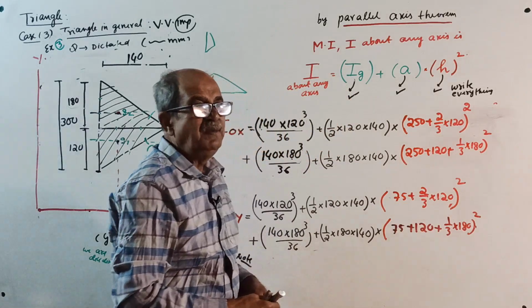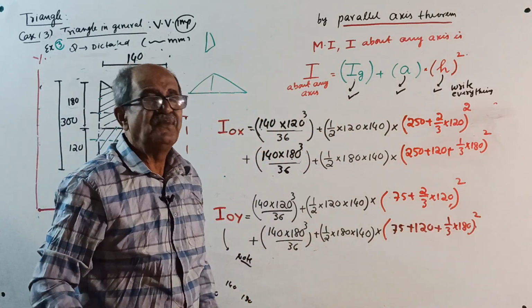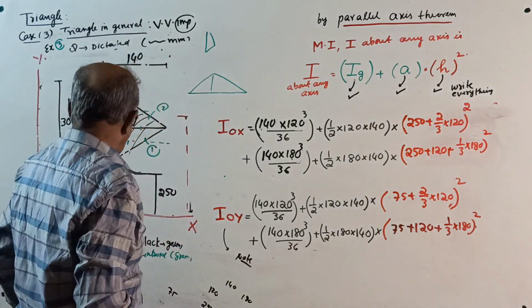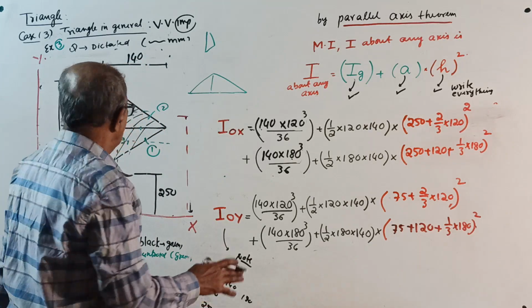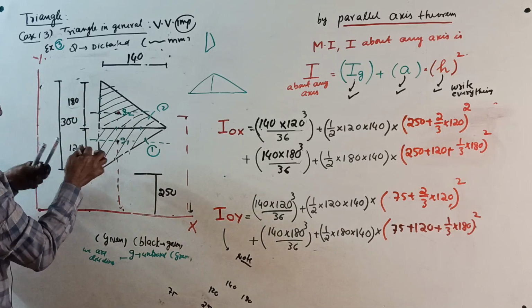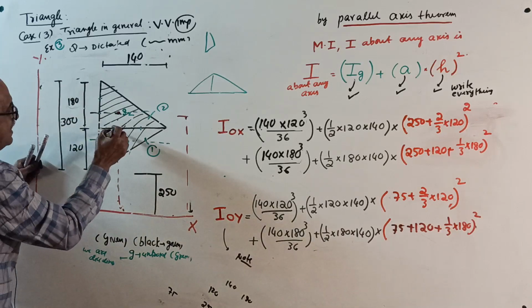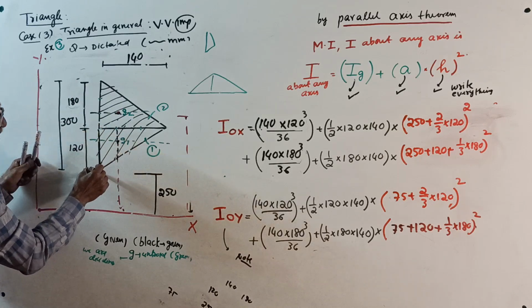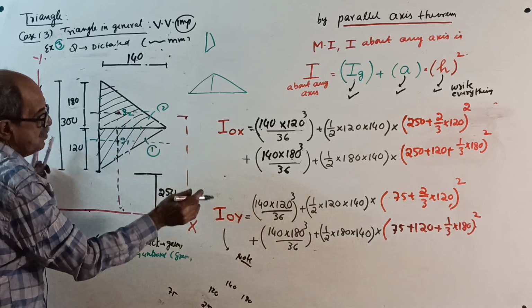See, I am also a human being. Sometimes number problems come, what to do? There are so many 120, 140, 160, sometimes they mix up. Okay, now start. Next, I about OY. First here. I about, see, its own YY here. The parallel side is 120. 120 into 140 cube.